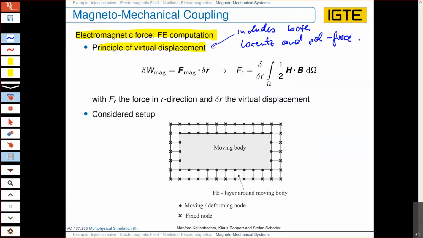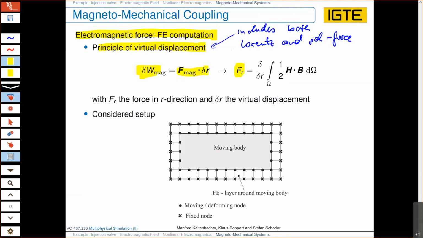And we know that we get a virtual change in the energy when we apply a force on the body and move it virtually in a direction r. Due to the scalar product, we get out the force in this direction.